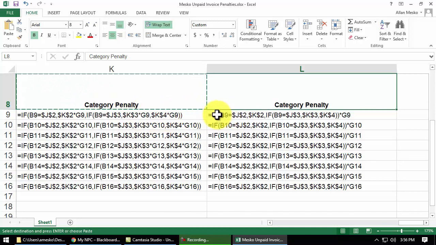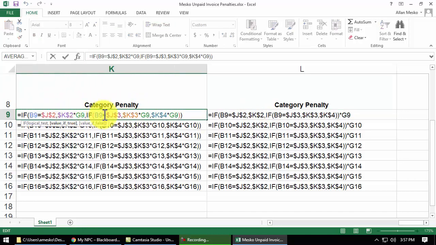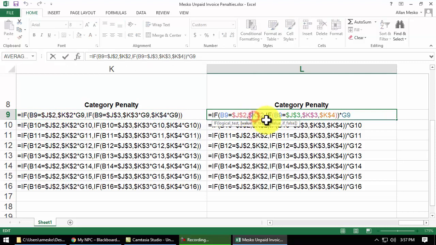But we could make our if statement a lot shorter and say, just find me the right multiplier, either K2 or K3 or K4. Those are our multipliers. So we just said, find me the K2, K3, K4, and once you find that, then take that multiplier and multiply it times the total balance.